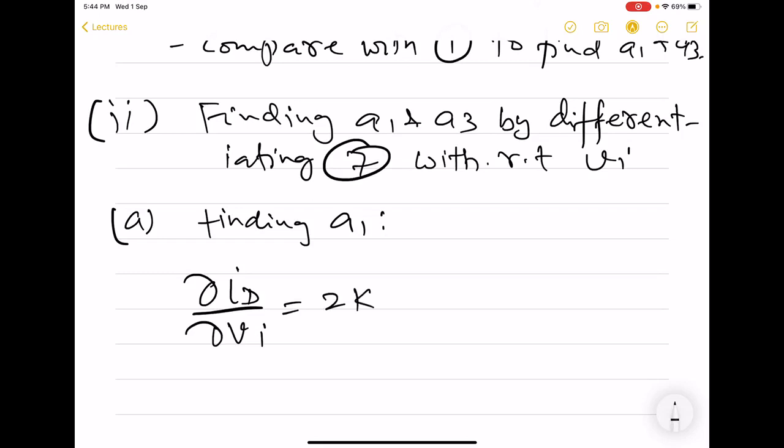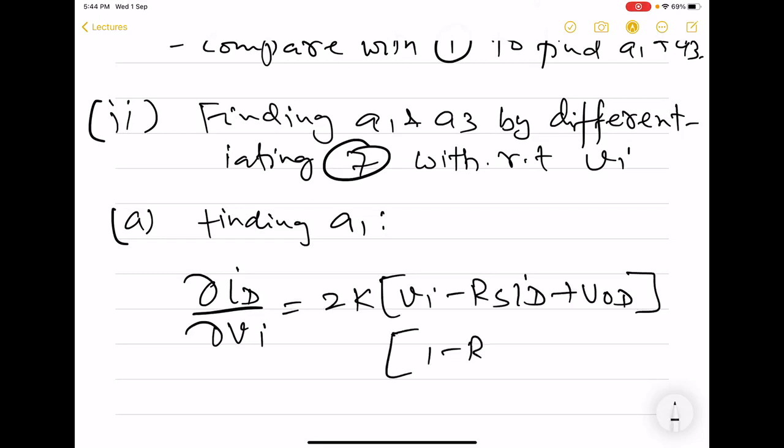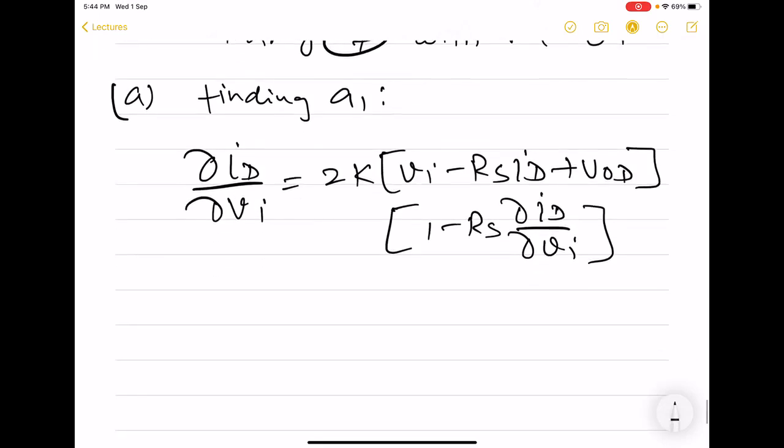So we get 2K (Vi minus Rs ID plus VOD) into (1 minus Rs del ID by del Vi). Now this has to be evaluated at Vi equal to 0, then only will this become related to A1.